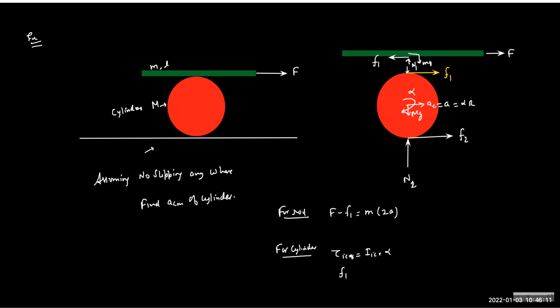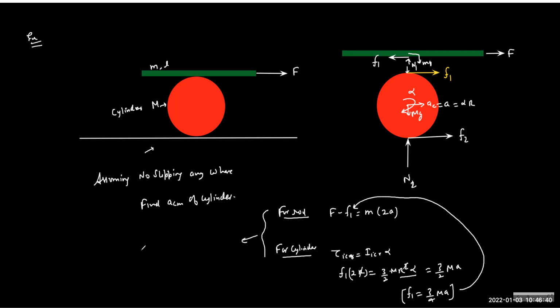So F1 into 2R is I about ICR, which is 3 by 2 MR square, which is capital M R square, and alpha into R is A. So this we can write as 3 by 2 capital M A. And therefore F1 turns out to be 3 by 4 capital M A. And now we are done. Just substitute here.